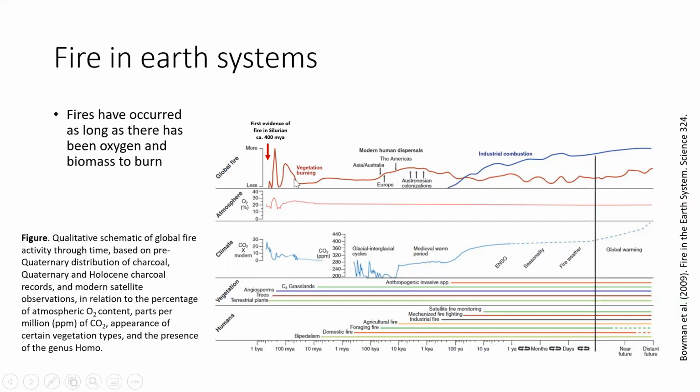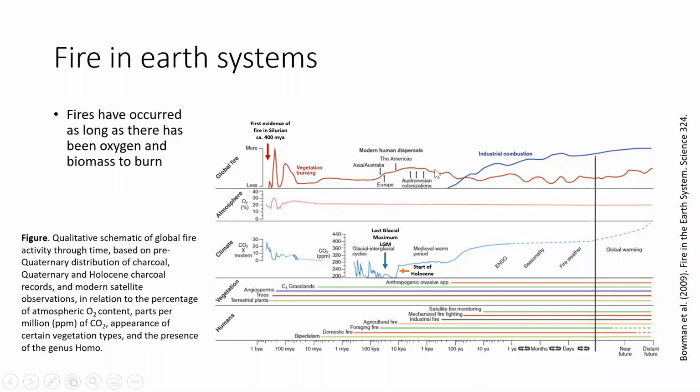Then there's been a lot of biomass burning, with trees, terrestrial plants, more fires, and then an increase in burning around the onset of the Holocene, around when humans started to utilize fire in a more systematic manner.